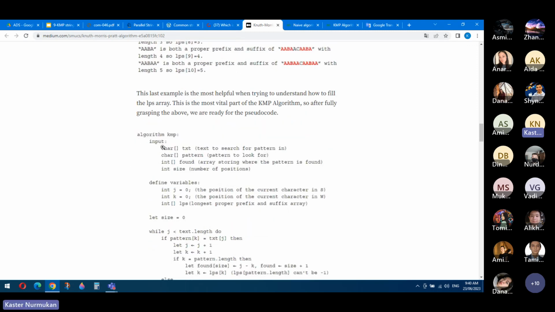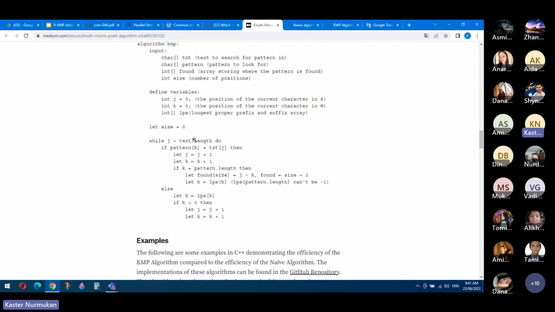How does the algorithm work? Okay, for KMP, first of all, you need to input the text and input the pattern. They are trying to find this pattern and its size. So they start from J, the position of the current character, and the position in the mapping, the LPS, the longest proper prefix and suffix array. So that's the kind of algorithm. While J is smaller than the text length, they keep continuing. They get the pattern and the text and compare them.